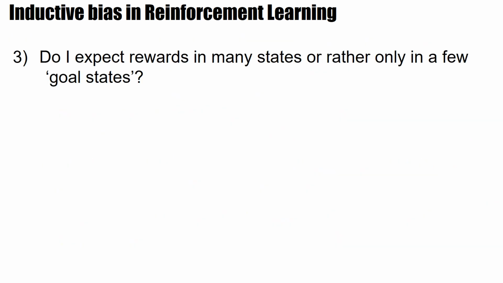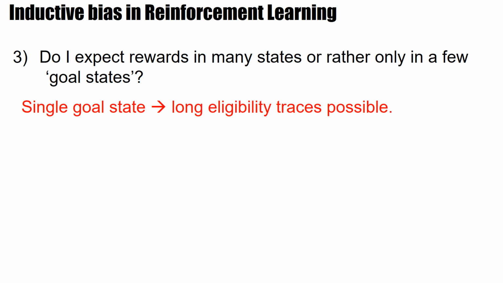Do I expect rewards in many states, or rather only in a few goal states? And again, here the answer is yes, there's a single goal state, and we use this in the form of an implicit bias that allows us to choose eligibility traces that are relatively long.